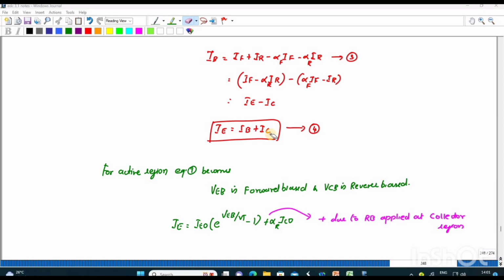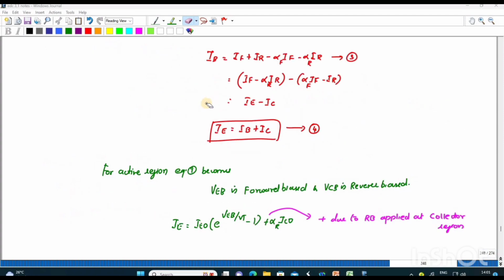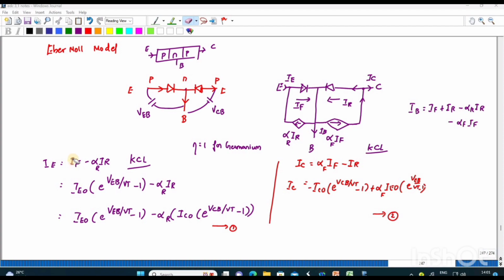So we know that for the active region, the emitter-to-base junction is forward biased and the collector-to-base junction is reverse biased. So I can write IE. What is IE? This is IF minus alpha R IR.